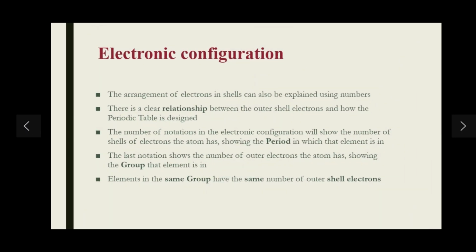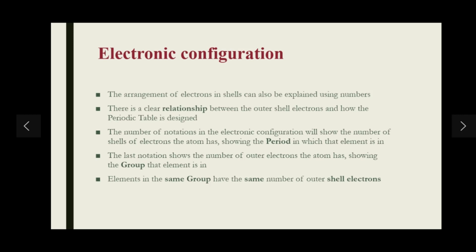All right. We discussed that we can represent the arrangement of electrons in shells, and this can be explained using numbers. There's a clear relationship between the outer shell electrons and how the periodic table is designed.